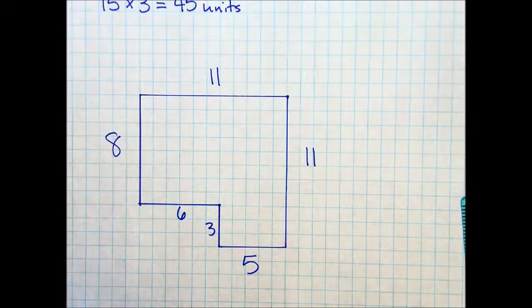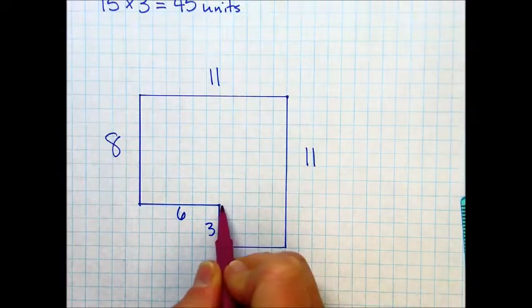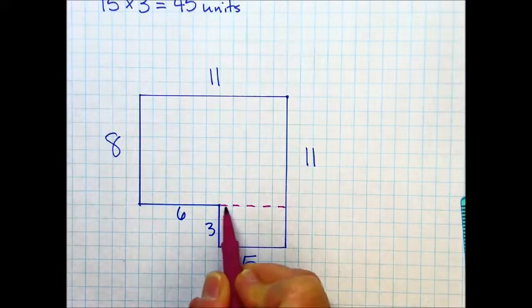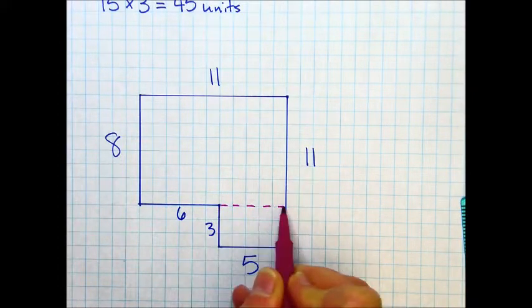We're going to go ahead and break up this figure into 2 rectangles. Now we could do it one of 2 ways, and we'll talk about both ways. Let's say that we were to take from this point, cut off or make a border right here.